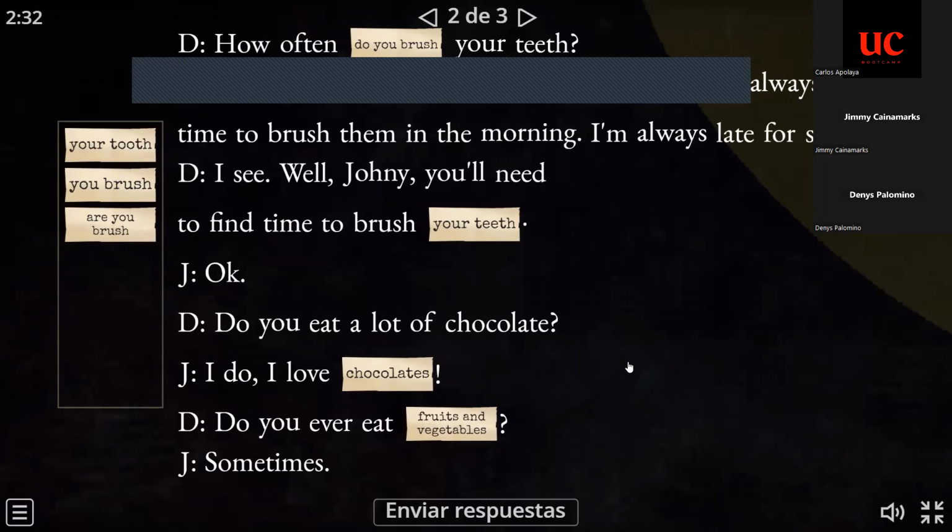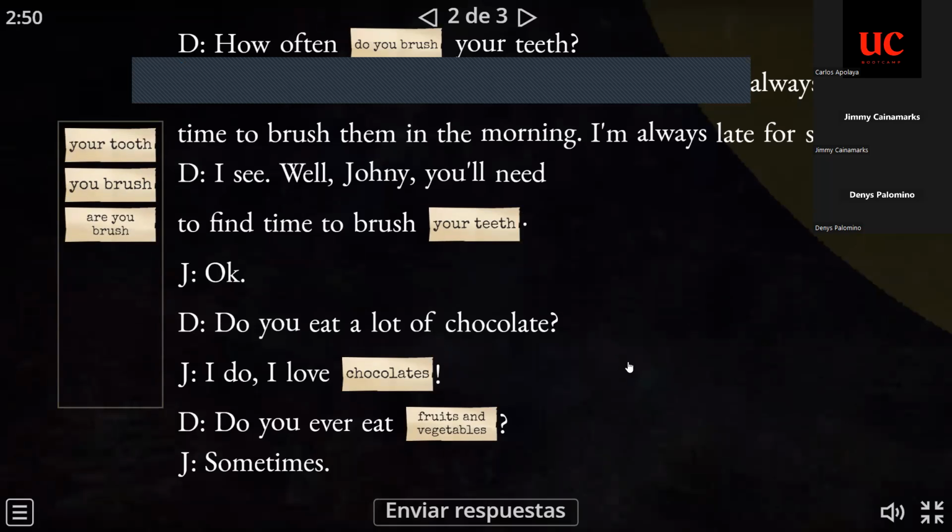As you can hear, Denise or Jimmy, when you are talking to your patients and you want to give a piece of advice, you always use the future, I mean, you will be and a verb plus ing.